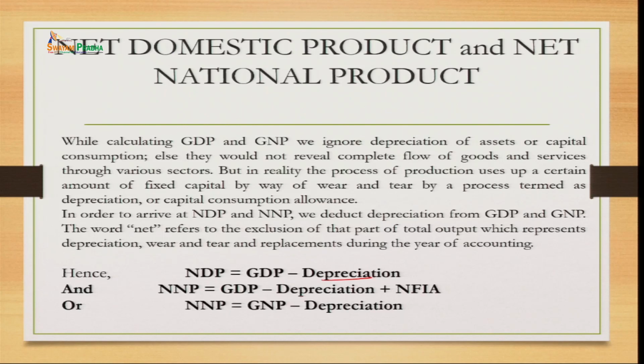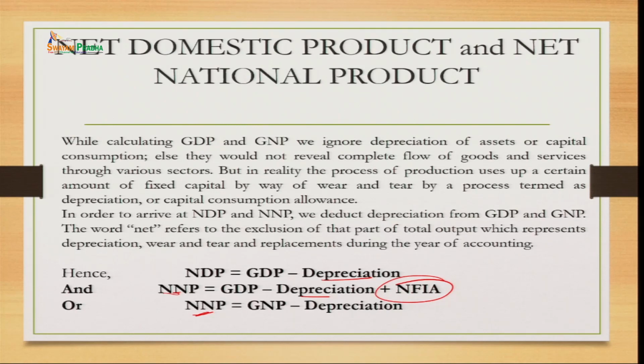When we deduct depreciation from GNP, then we get NNP. Another way of calculating NNP is, following the previous formula which we have seen for the calculation of GNP, you can add NFIA to GDP and deduct the depreciation, and the figure you will be getting would be known as net national product, that is called NNP.